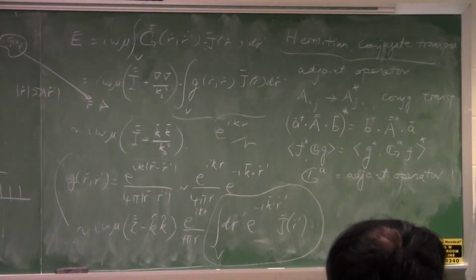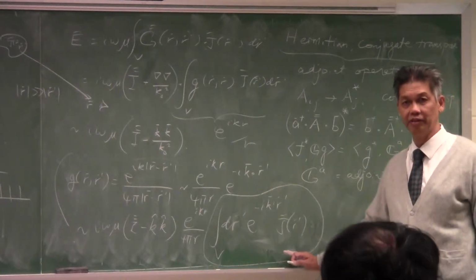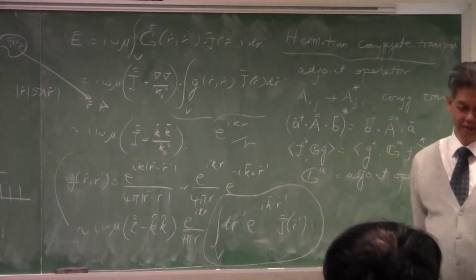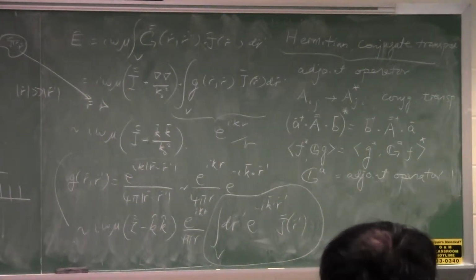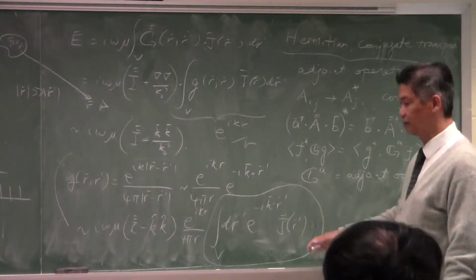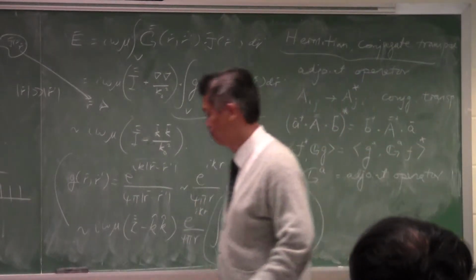So the far field is always the Fourier transform of the sources you have induced on the scatterer. So if you send X-rays to a crystal lattice, the X-ray scatters off the atoms in the crystal lattice. Those atoms have sources, and in the far field you get the Fourier transform of the crystal lattice, which is another crystal lattice. Okay.